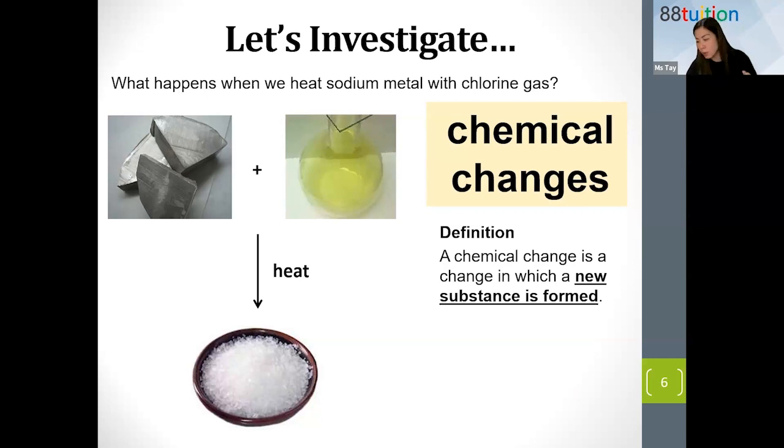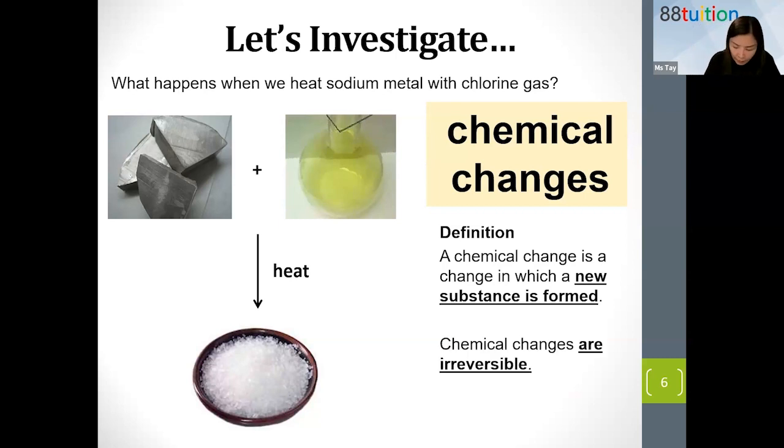If you are interested to know, and you are going to learn anyway, sodium, I think you already have learned this in Sec 1 as well. Sodium in the periodic table, the symbol is capital N, small a. Chlorine is capital C, small l.